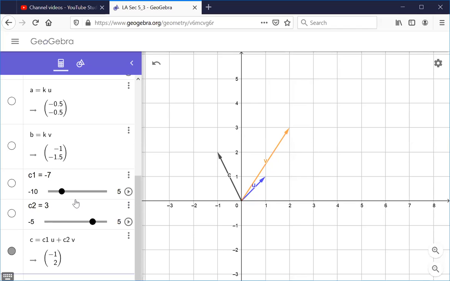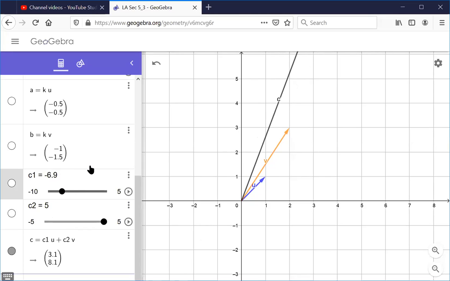All right, so here are our u and v vectors, (1, 1) and (2, 3). If I plot the c vector here and adjust the coefficients, you can see that I can hit all kinds of vectors in our space. In fact, I can make anybody I want.